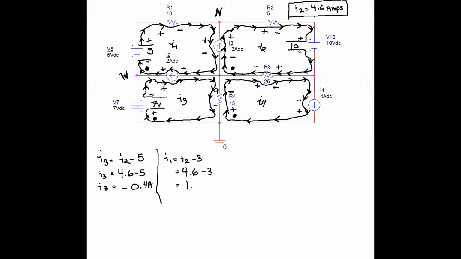So the actual I3 current is flowing in the opposite direction than we've denoted on the diagram. I1 is 1.6, and the voltage drop across the 4 amp current source is going to be 51 volts.